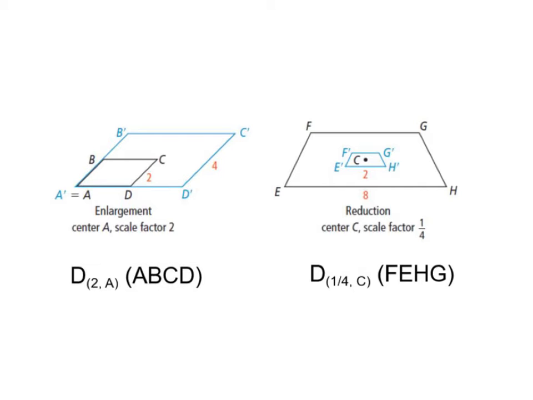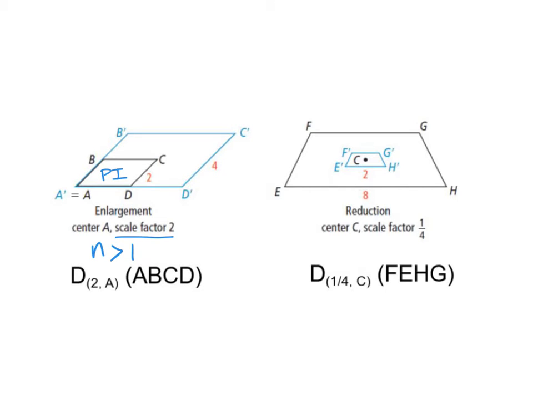All right, so here's two examples of dilations and with the notation, right? So this first one is an enlargement. Remember, pre-image is the black, image is the blue. So because my scale factor is 2, it's getting bigger, right? So a scale factor, if n is greater than 1, it's going to be an enlargement. So even if it's 1.5, 1.25, as long as it's greater than 1, it's going to get bigger.